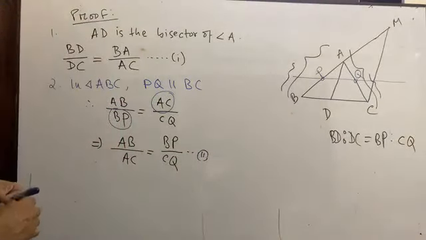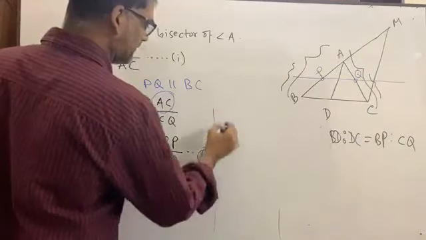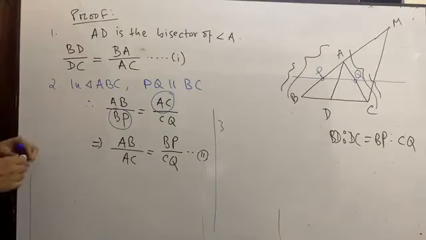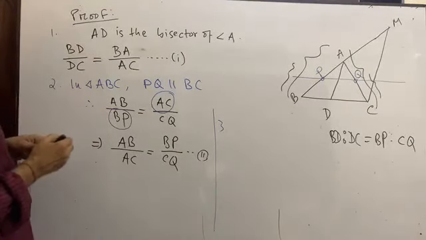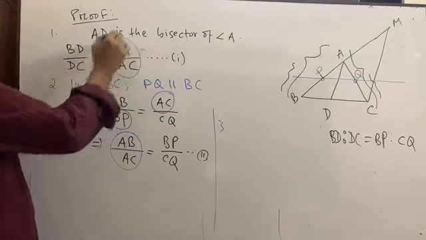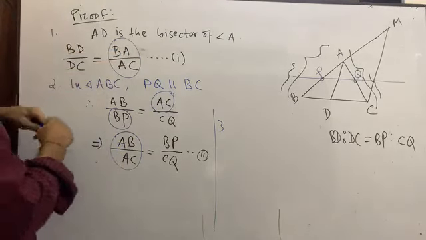Now in step 3, from 1 and 2 we are getting AB by AC, AB by AC. They are equal.